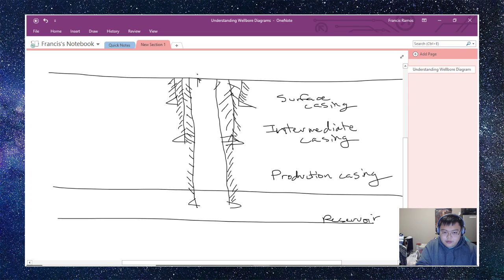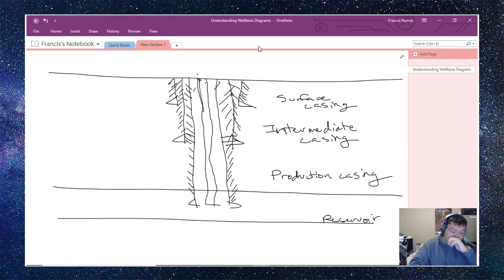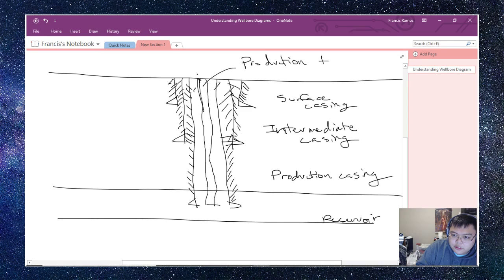You can set tubing down hole. And for the sake of brevity, I can't draw a straight line, so you can set your production tubing.